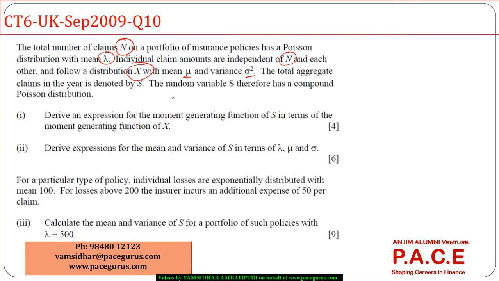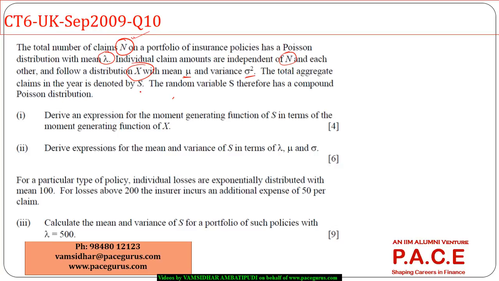So first of all, the total number of claims is following a Poisson distribution, but for the individual claim amount, the distribution is not given explicitly. It is a distribution X which has a mean of mu and variance of sigma squared.